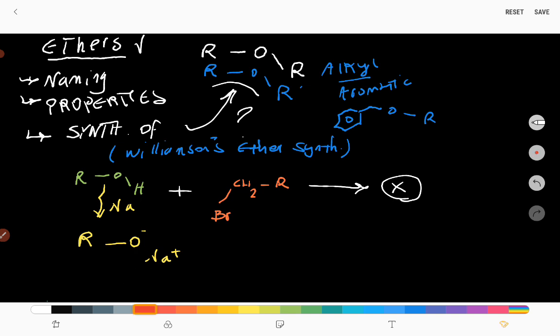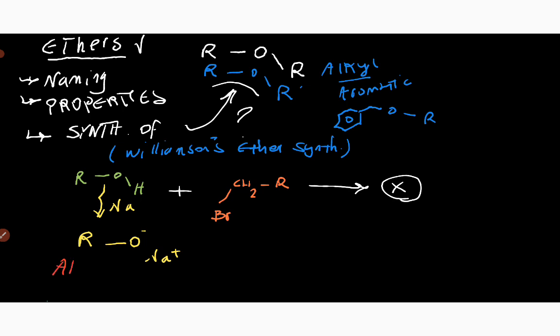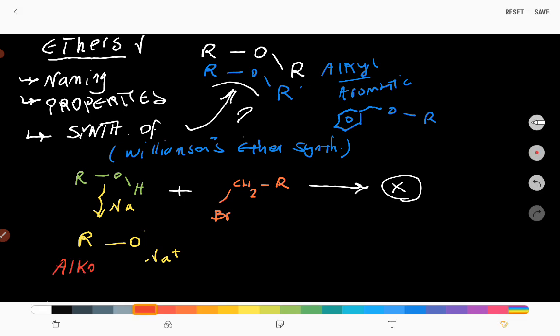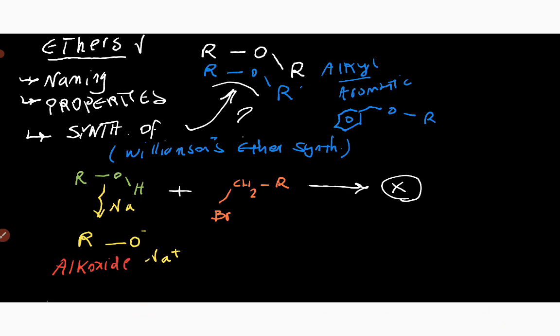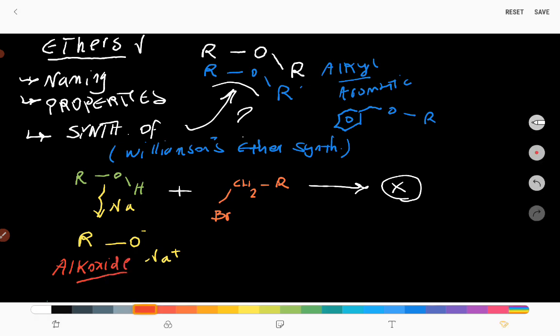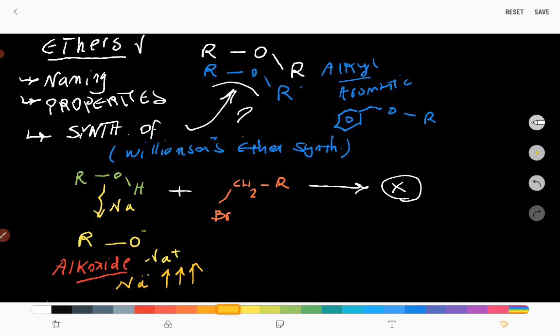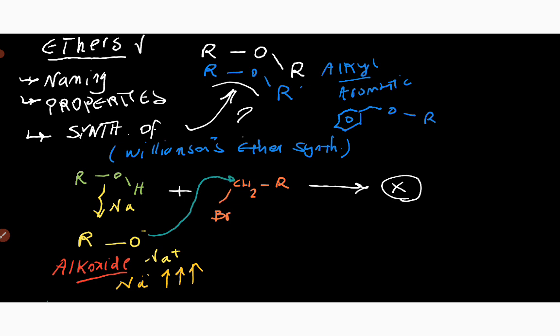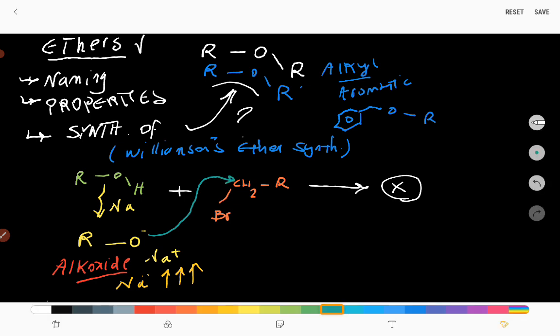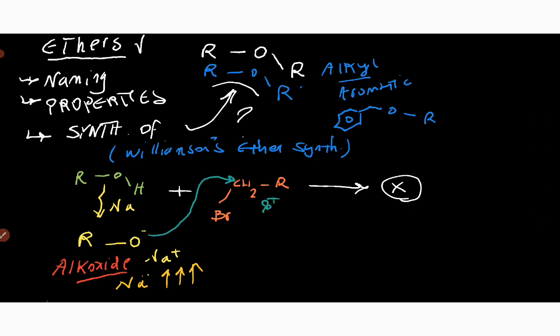This molecule is named alkoxide. Now the alkoxide is a powerful nucleophile, and it can attack this alpha carbon, because this alpha carbon has a partial positive charge because of the halide.